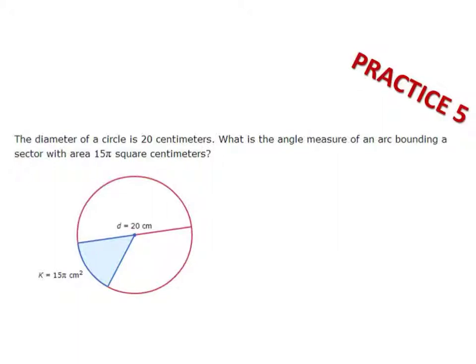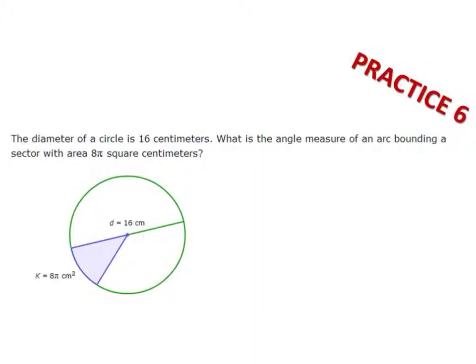What is the angle measure of an arc bounding a sector with 15 pi square centimeters? Don't forget they're giving you the diameter. Practice problem 6. The diameter of a circle is 16 centimeters. What is the angle measure of an arc bounding a sector with an area 8 pi square centimeters?